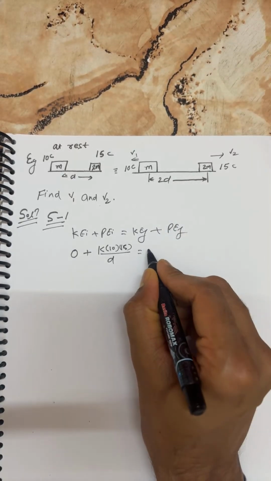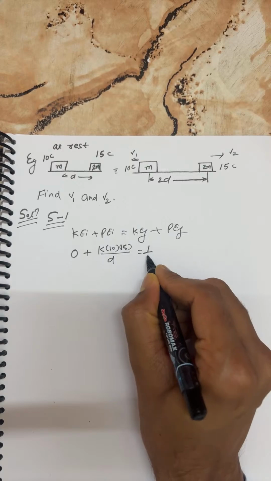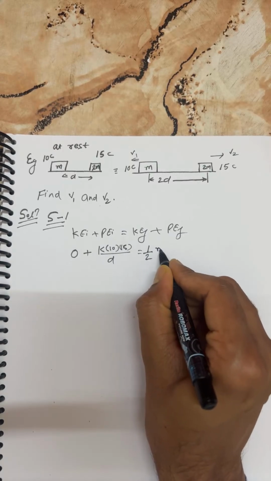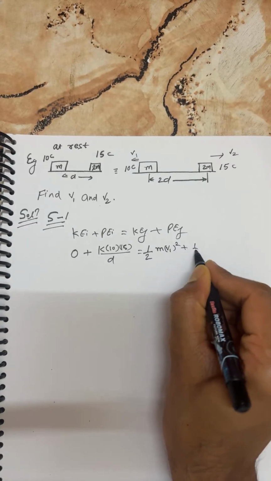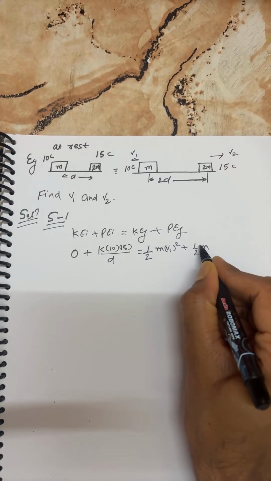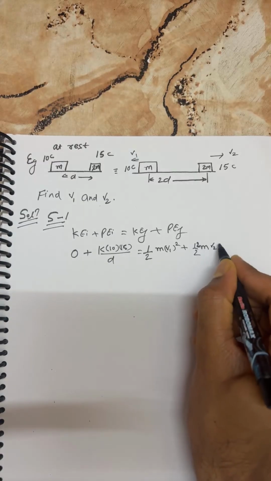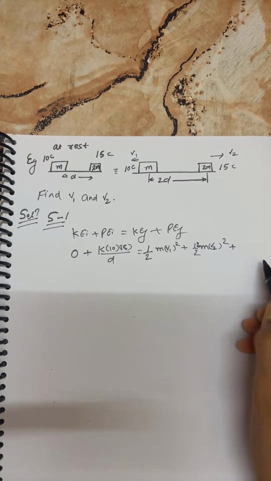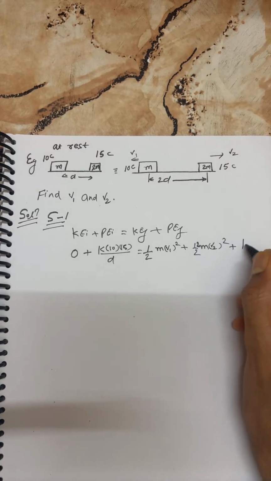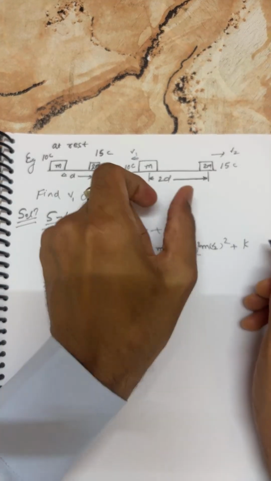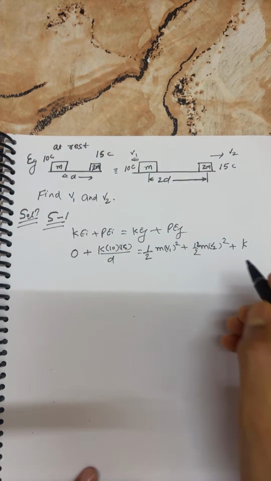Both are in motion, but you can ignore plus or minus here because it's a square. Half m V1 square plus half into 2m into V2 square. Now here we have to write the final kinetic and potential energy. So this is again K Q1 Q2 by r, and r becomes 2d.